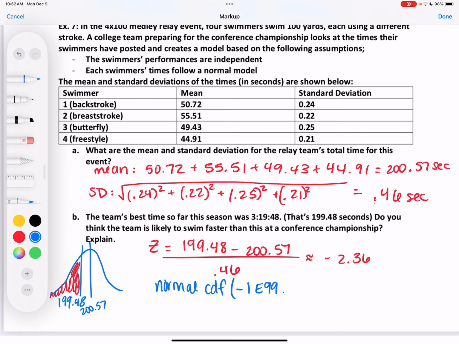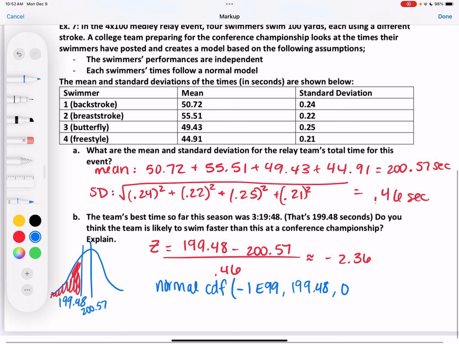Then we're going up to, actually, yeah, up to this. They want it faster than their best time, so that would be 199.48. And then 0 and 1 are the mu and standard deviation that are already in there. And then you'll paste it and hit enter.